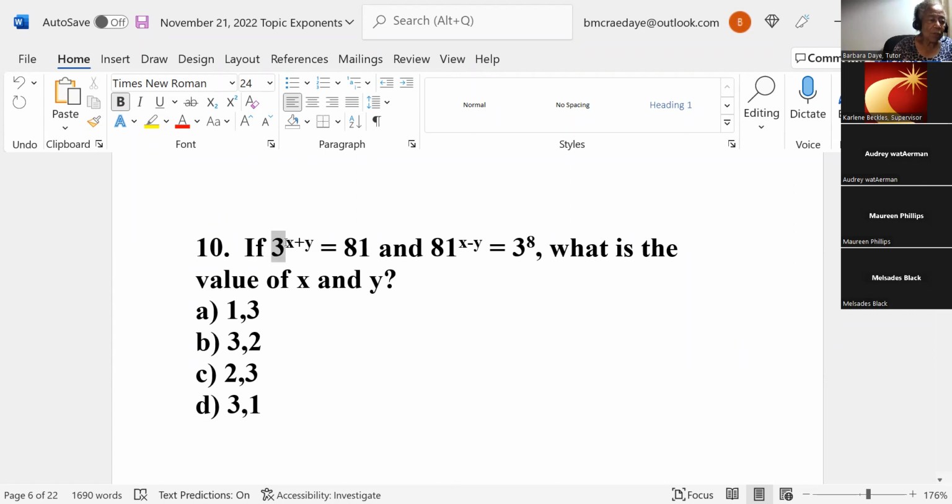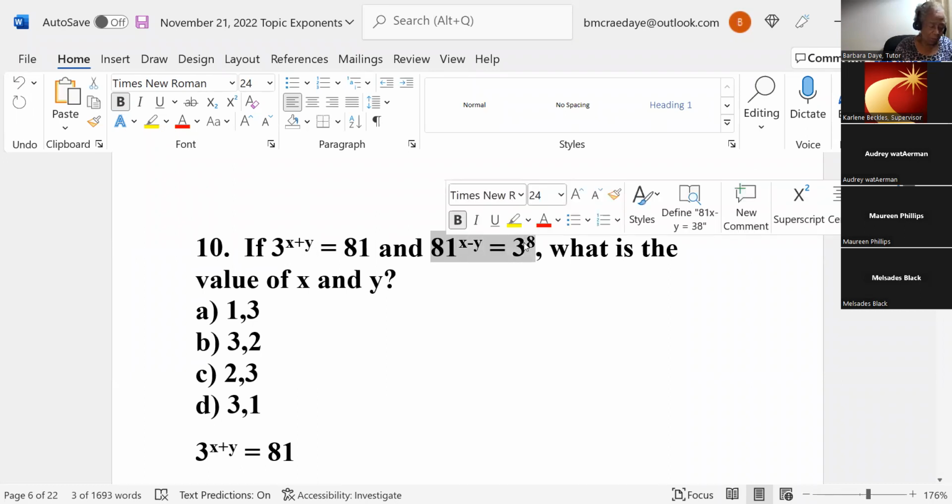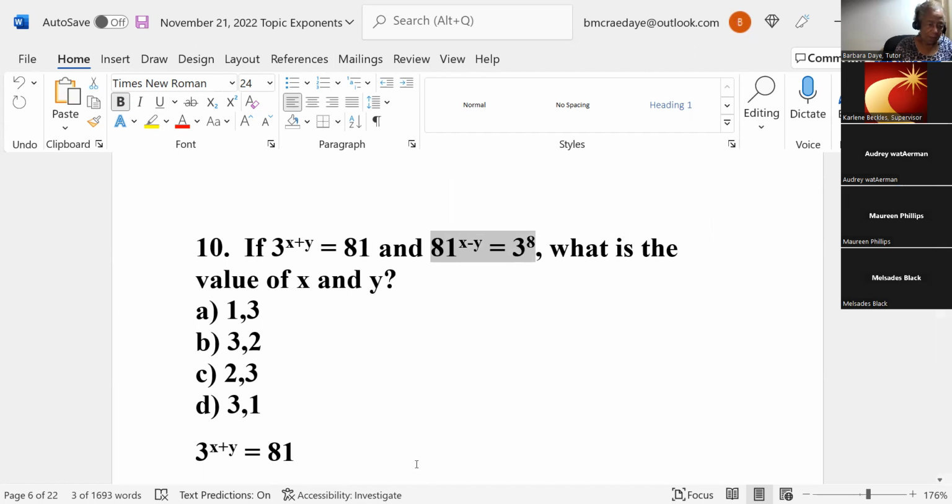Okay, you have 3x plus 1 is 81. Let's just put that there. 3x plus 1 is 81. And then you have 81 to the minus y power equal 3 to the 8th. All right, Audrey, how did you get your answer?